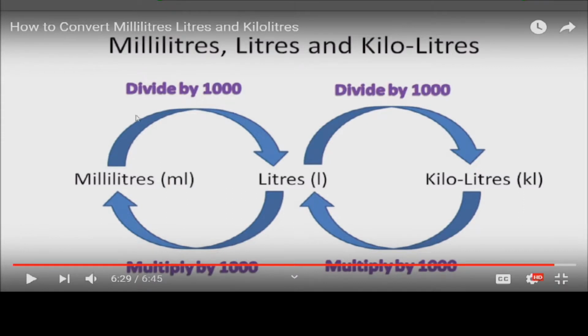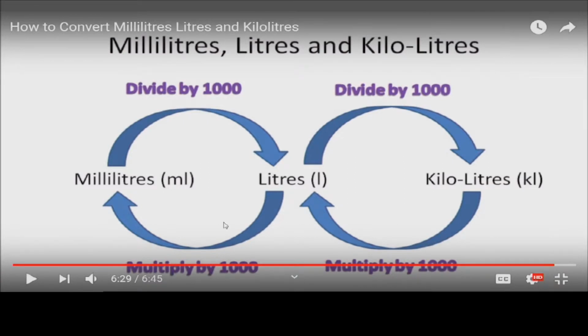You understand, guys? Milliliters, liters, and kiloliters. To go from milliliters to liters, we multiply by 1000.